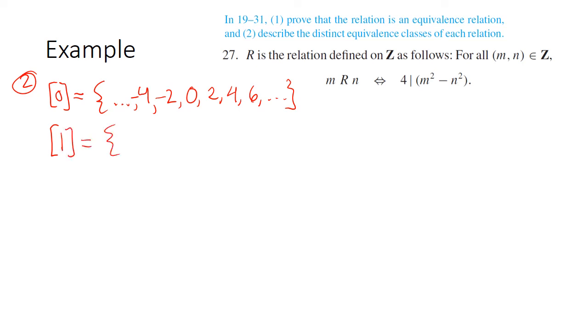So 1, what would be equivalent to 1 under this relation? Sorry, I just paused the slide and thought about this for a while, but let me actually try to do a little proof that the other one is just going to be all the odd numbers. So let me write it like this. Proof that m is related to 1 for all odd numbers m.